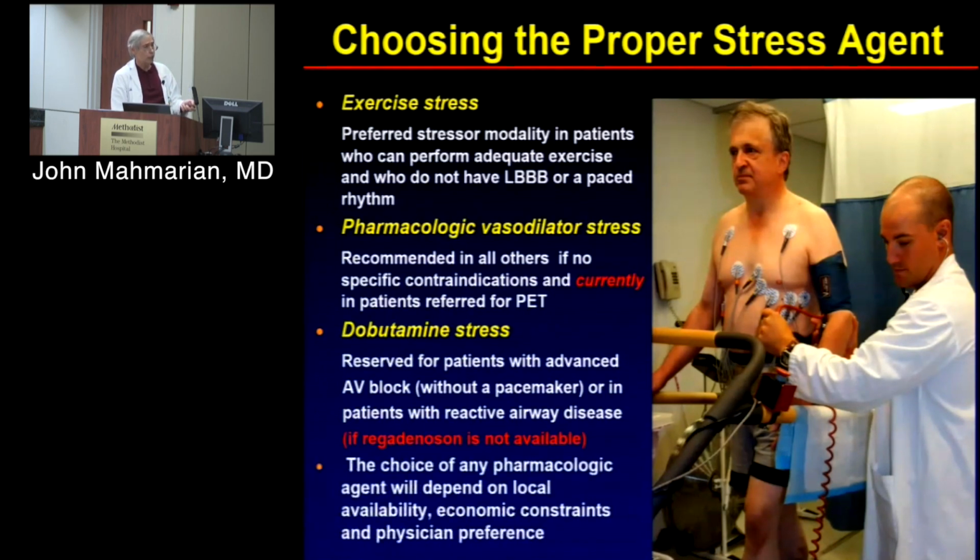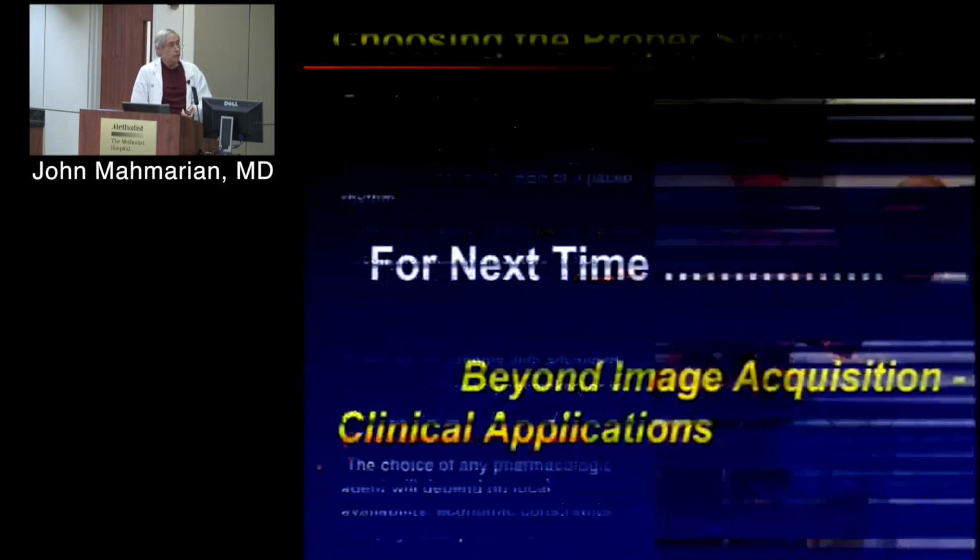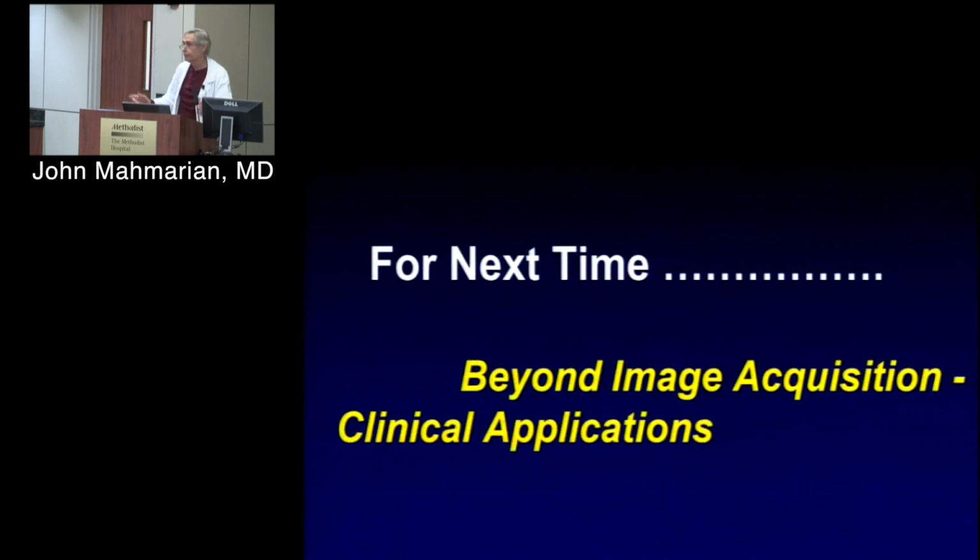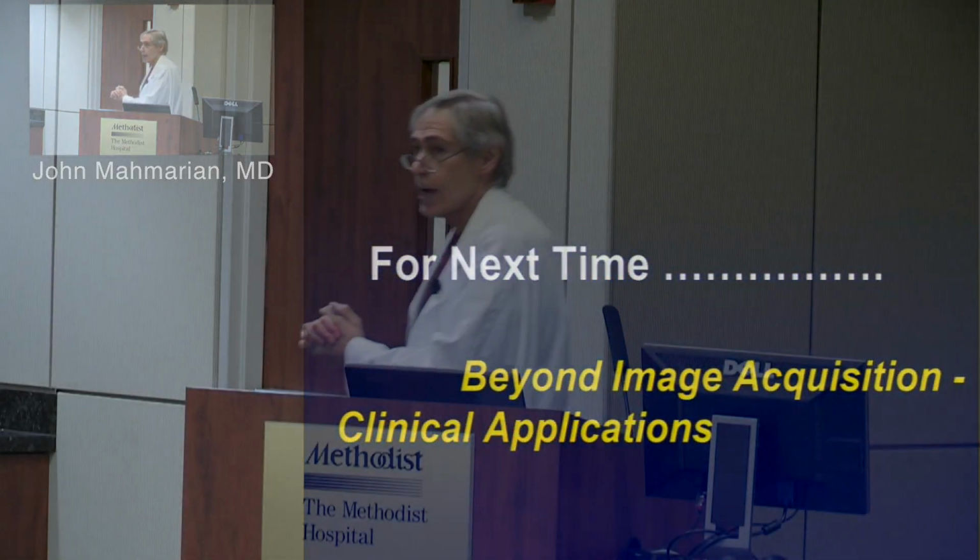And again, choosing a stressor is always going to be up to you, looking at the individual patient. So those are some of the caveats behind how we get images, how we stress people to identify images. And in further talks, we'll talk about, beyond image acquisition, how we clinically use this information to treat our patients and manage them.